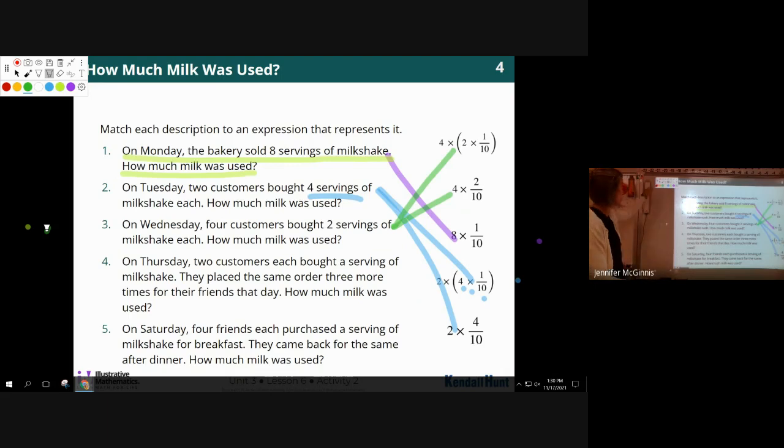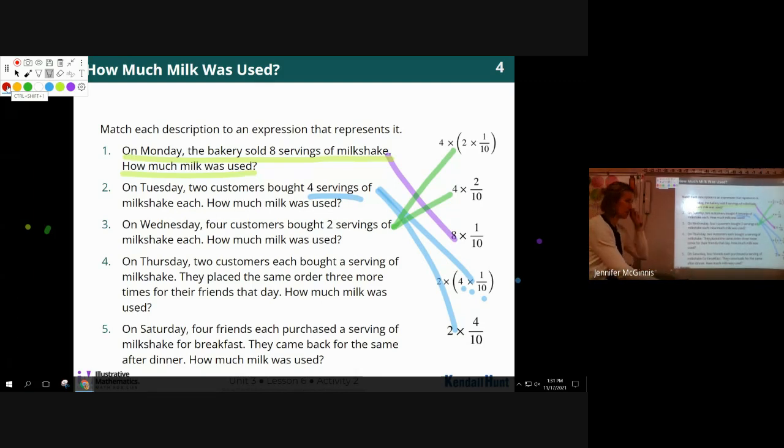On Thursday, okay, so now we've used all of the equations. So now we're going to use one again. On Thursday, 2 customers each bought a serving of milkshake.